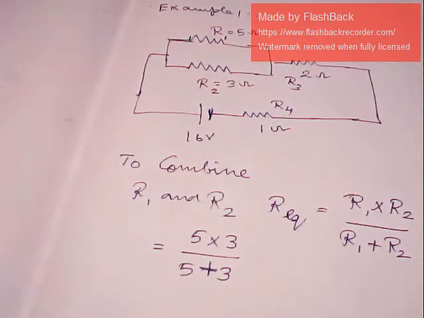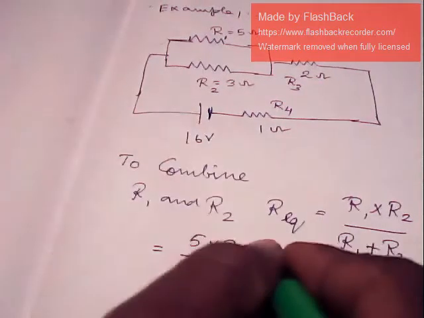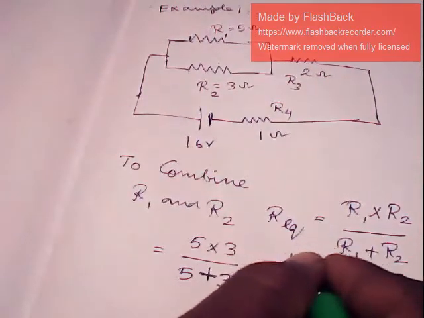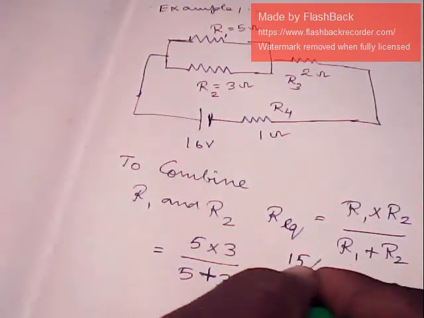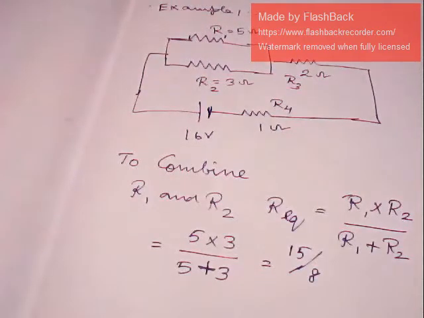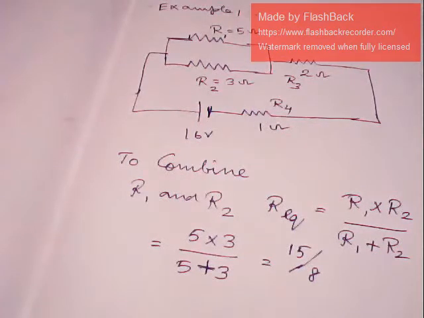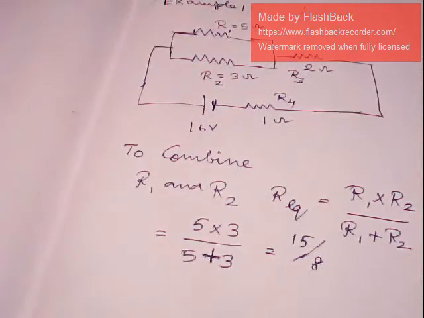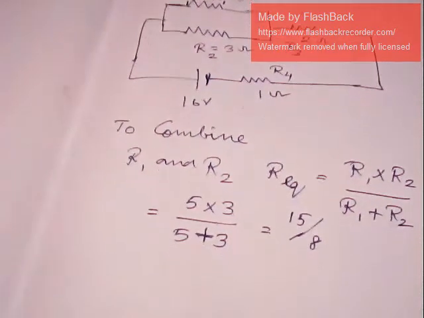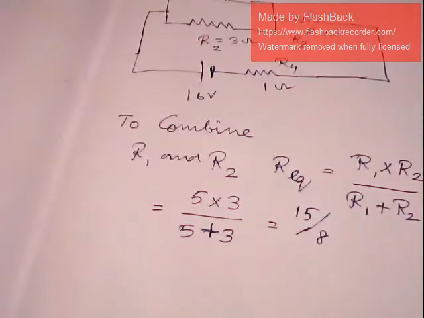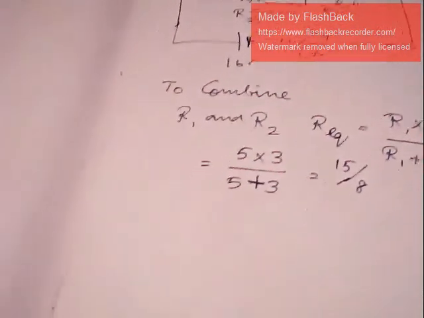So that will be 15 by 8. You do not need to reduce the fraction; you can reduce it at the final stage, or you can keep it as it is. So then the modified network diagram will look like this.